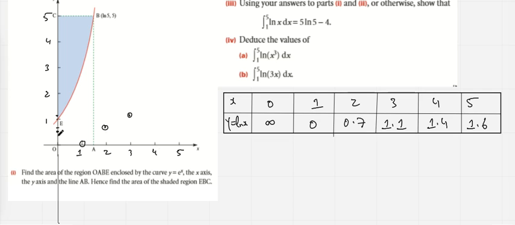At 4 I'm having 1.4, so a little below 1.5 is going to be your 1.4, like that. And 1.6 is going to be a little above your 1.5 here. So you see, from infinity I'm going, and I will start moving my curve.